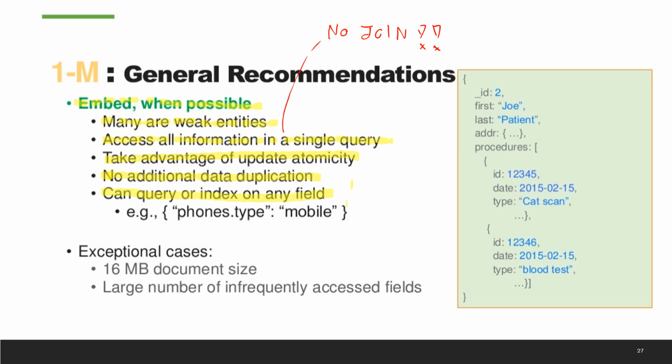Query or indexing on the field becomes easy. And again, as I already mentioned, when you have a sub or nested document, you can refer to the attribute or field within the nested document by using dot notation.